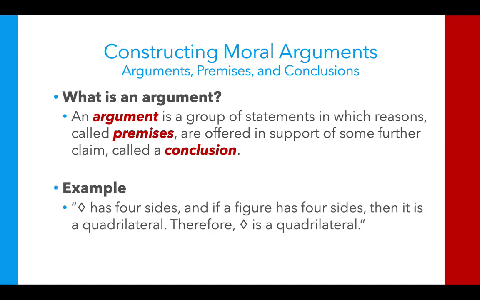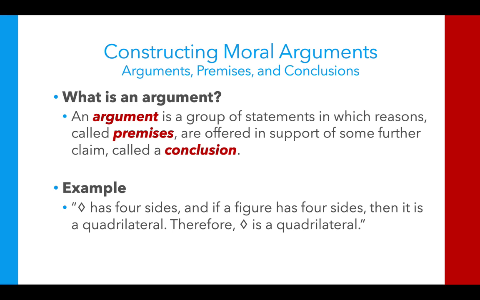Here's an example. We've got this shape. This diamond has four sides, and if a figure has four sides, then it's a quadrilateral. Therefore, this diamond is a quadrilateral. Nothing that's being said is particularly mind-blowing, but we're just giving reasons to think that the conclusion's true.